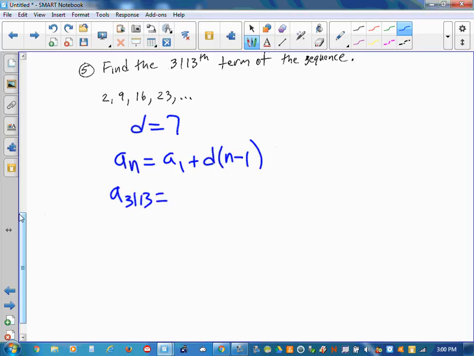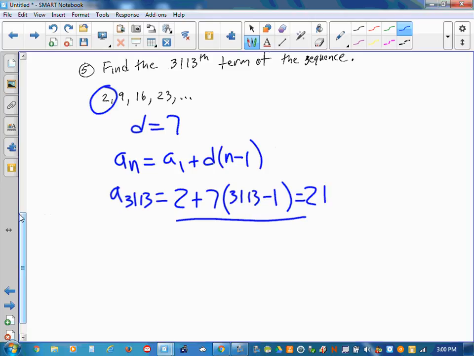The first term is 2. It's sitting right there. The common difference is 7. And then n is 3,113 minus 1. You type that in the calculator, and you get 21,786. That would be the 3,113th term.